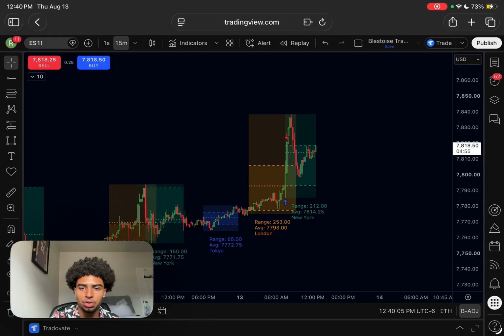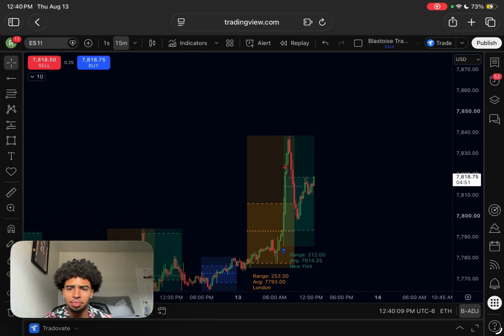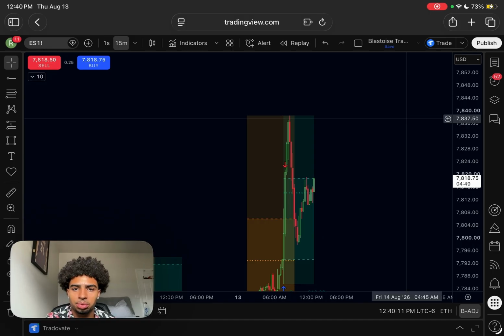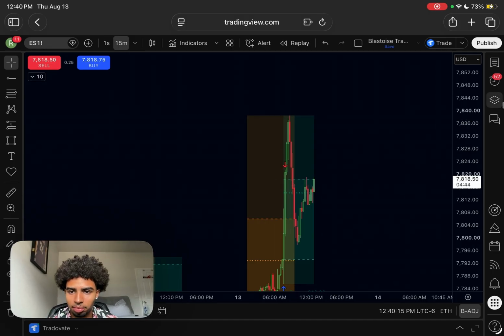Once you have your trading sessions indicator open, I want you to add your line. There's going to be a plus button right here. If you're on your phone, you have to press and hold, and on the computer you just move your cursor, and then make sure it's lined up exactly.